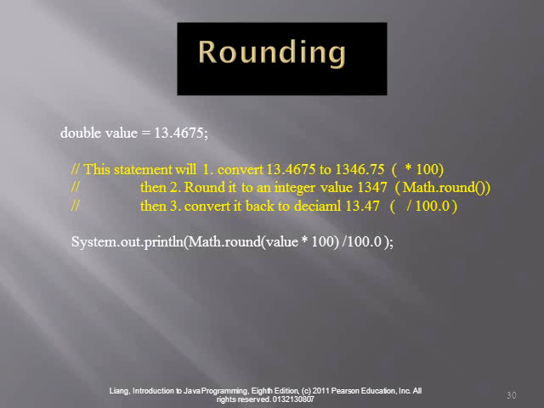I'll lose my decimals. So very similar to how we preserve 2 decimals with the multiplication by 100 and then the division by 100. But now we are using the math round method to get our rounding.